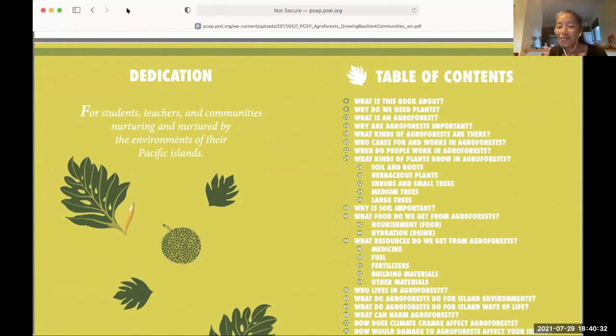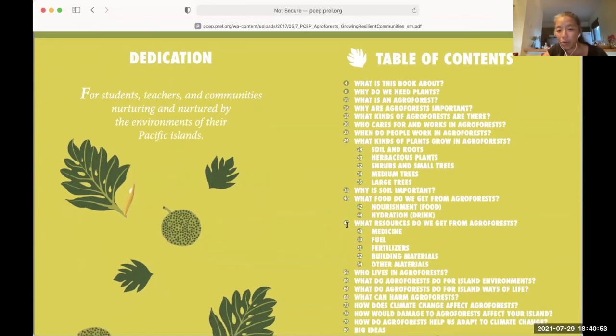Written for the middle school level, we talk about, look at page 24, what kinds of plants grow in the agroforest. And a reminder, this is written for the Pacific Islands. So we've got Hawaii plants, Micronesian plants, Polynesian plants. We also focus on, I want to point out page 46, what other resources do we get from the agroforest?